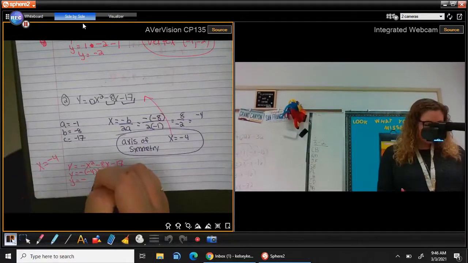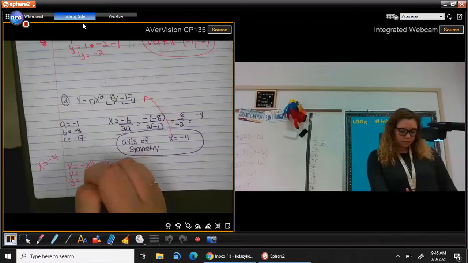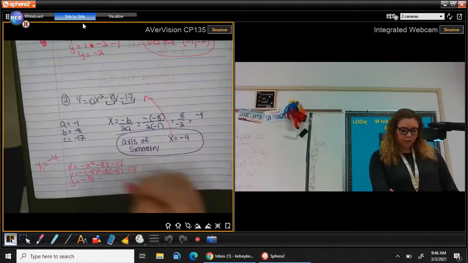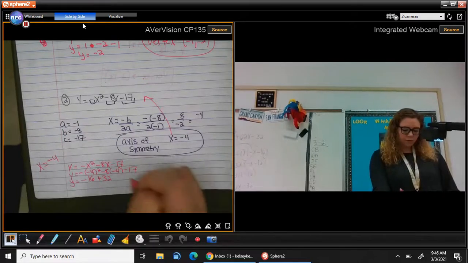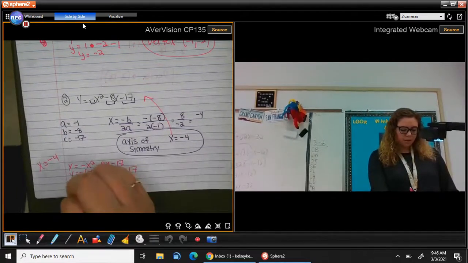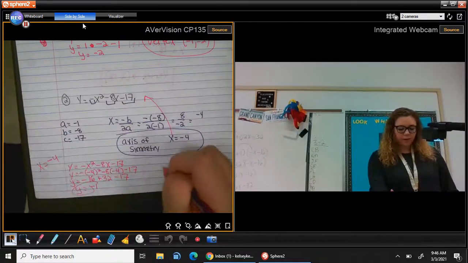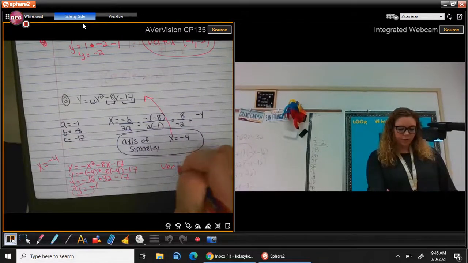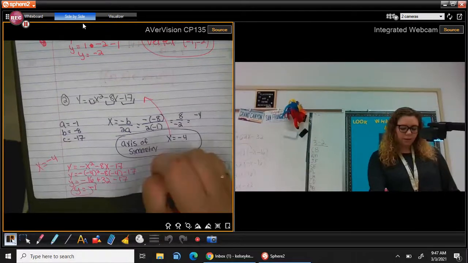So -4 squared is going to give you positive 16, with the negative on the outside. -8 times -4 is going to give you positive 32. And I have -17. And then you get y equals -1. So I have my y value, my x value, so I can plug that into my vertex. So I have -4, -1 as being my vertex.